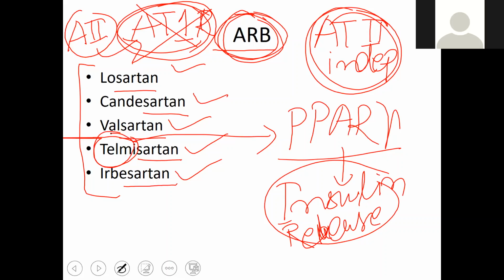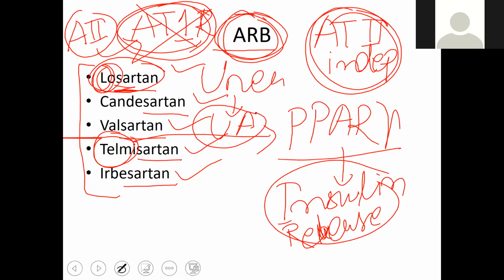It has one additional action, and losartan has one more action. In our local language Odia, 'SAR' means we use it as a fertilizer. You can remember urea, or more specifically uric acid. So lowering of uric acid in the body is one more action of losartan.